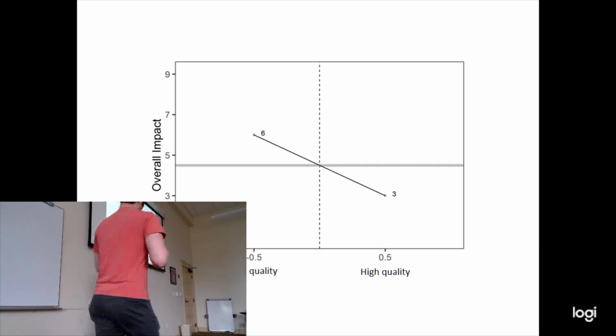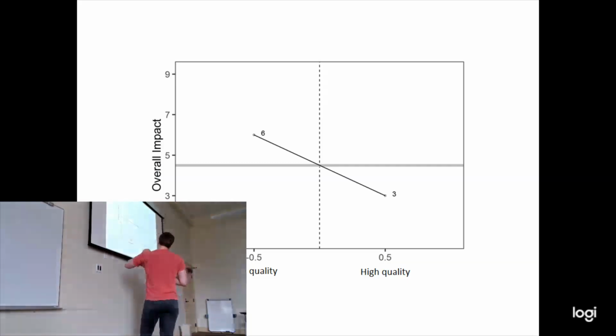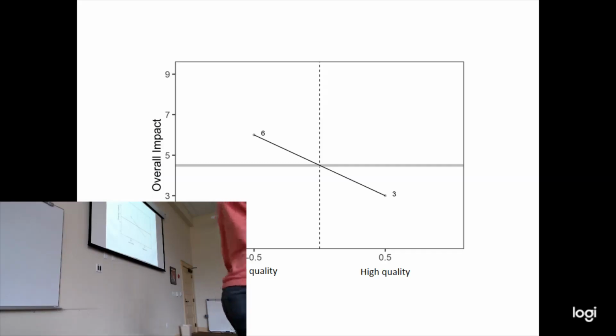So if you had to guess, what do you think would be the slope of this black line? I heard a couple numbers. -2.